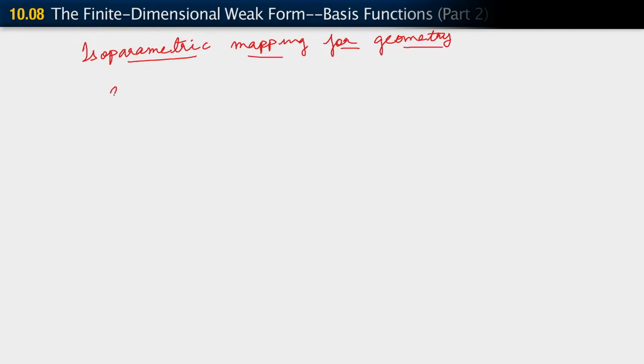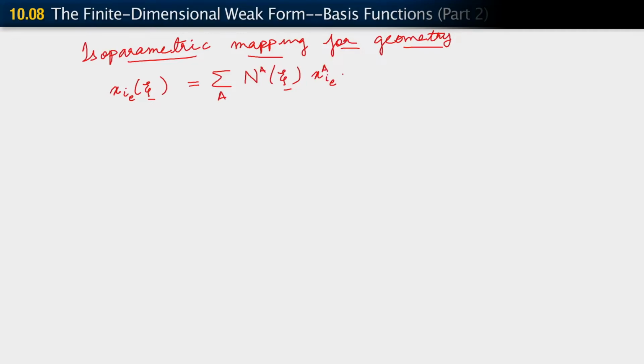Right, so that says that, as we know very well now, x^h_e as a function of ξ vector is again obtained as a sum over the nodes N_A, and now N_A we know is parameterized by the coordinates in this bi-unit domain, and we have here x_{Ai}^e. This is exactly the same as before.